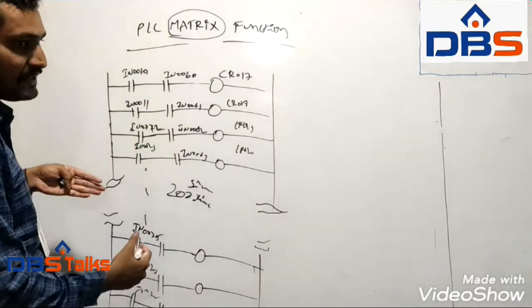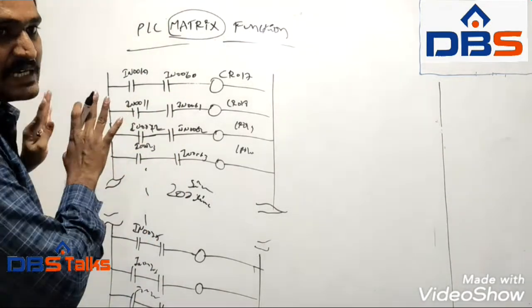In this manner we have to write the 207-line program in the conventional PLC relay system.